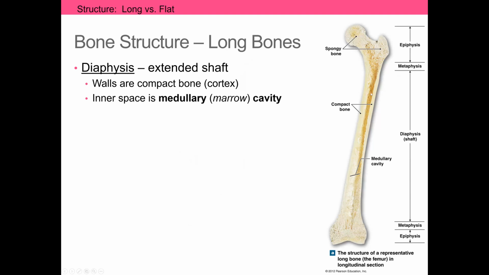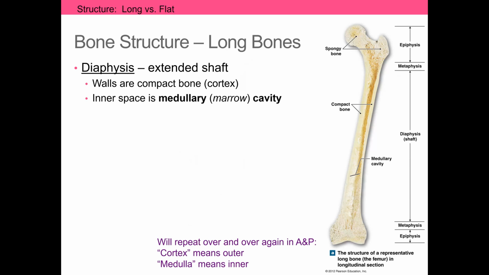In the inner space, there's actually a cavity inside long bones, and this is called the medullary cavity. Some sources might call it the marrow cavity. You should go ahead and get used to calling it the medullary cavity. And just a quick aside here, you're going to see this over and over again in A&P, so go ahead and get this in your brain. When you see the word cortex, it's referring to something on the outside or to the outermost position.